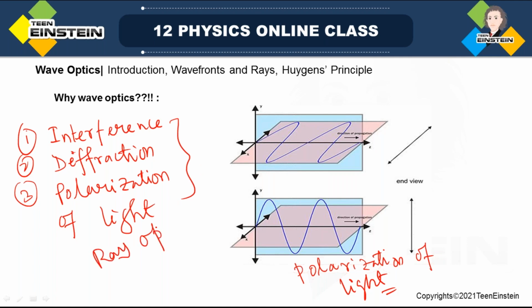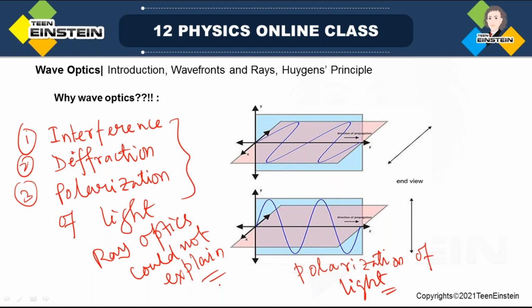ray optics could not explain. Or I can say the corpuscular model could not explain these three phenomena.